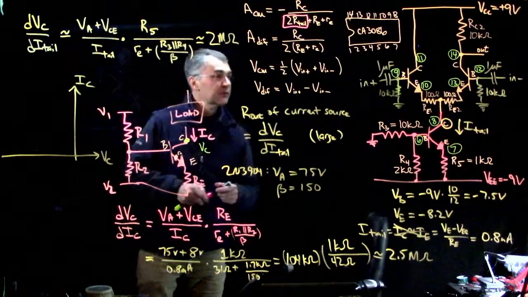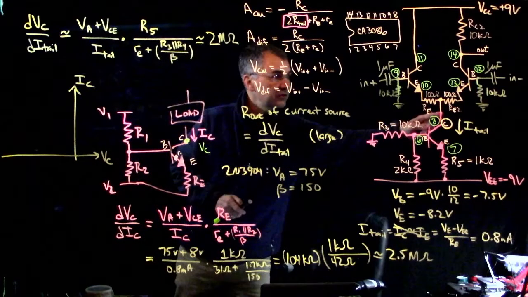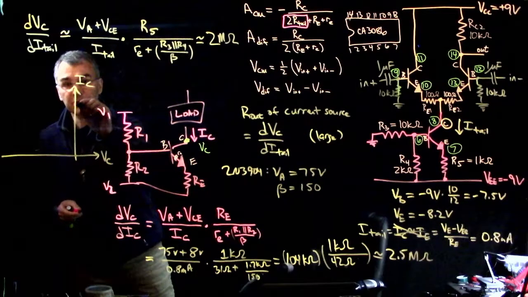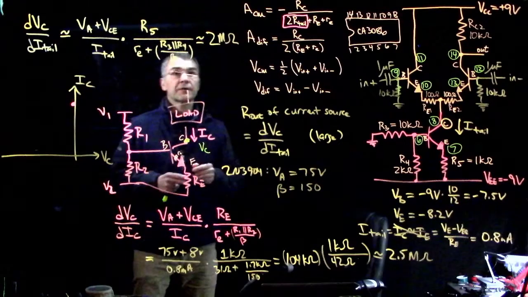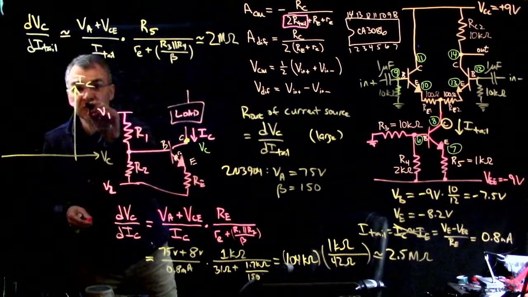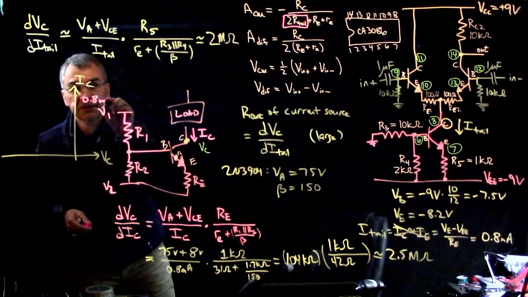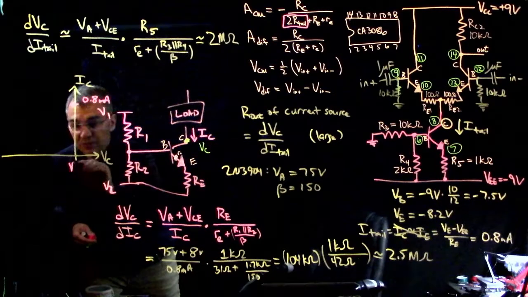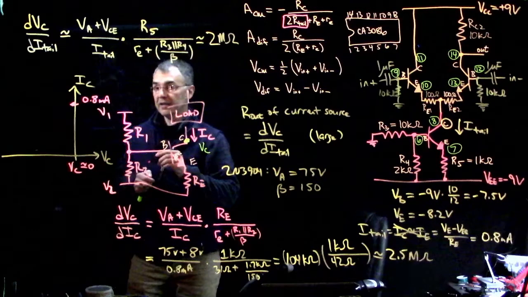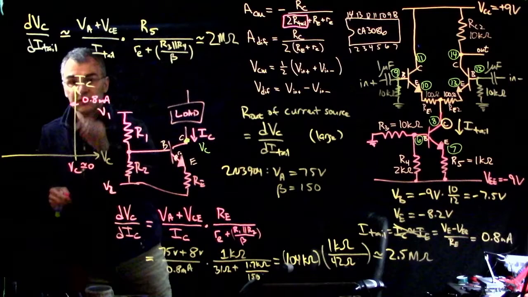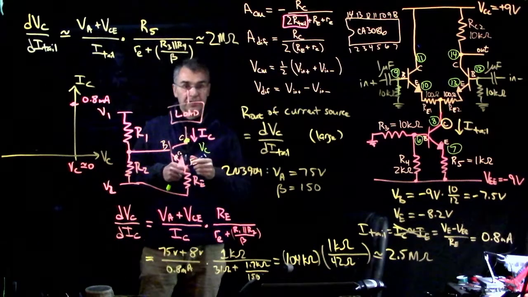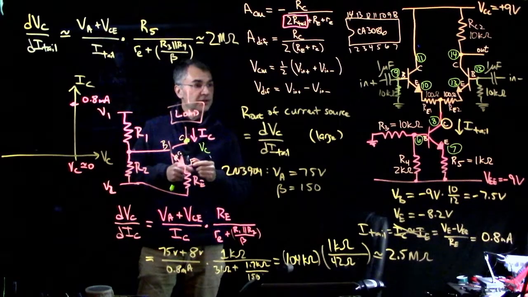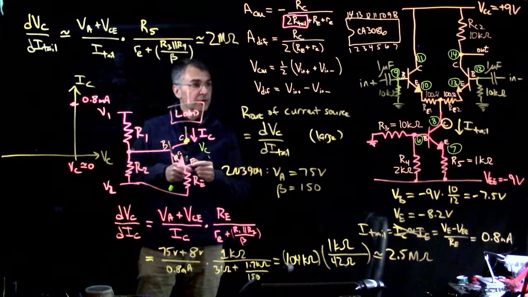And so it seems like normally this is close to 0. So when this is close to 0, we get our 0.8 milliamps. So this is like VC is around 0. But then the point is, which way does it go? If VC goes up, then IC goes up a little bit, I think.